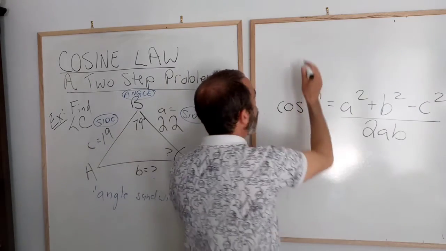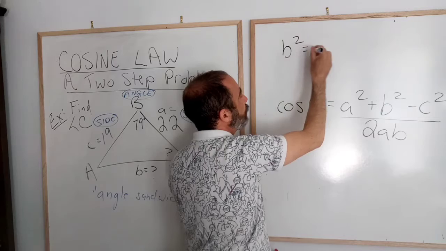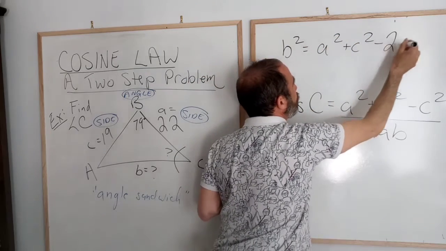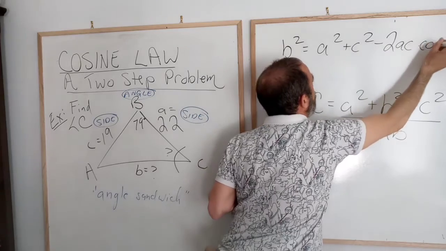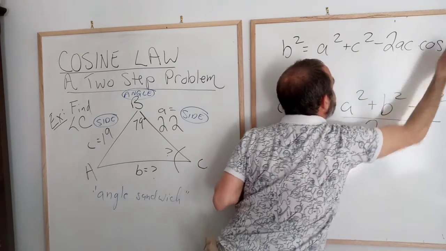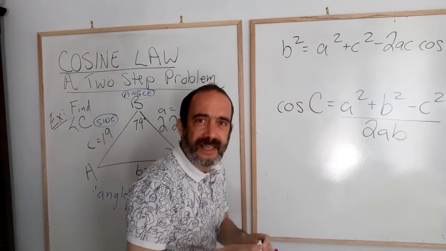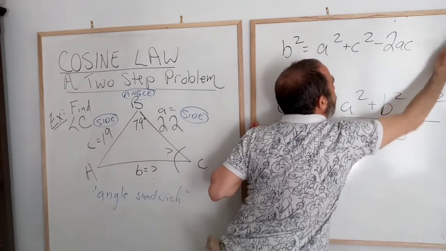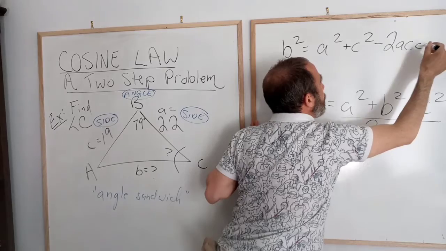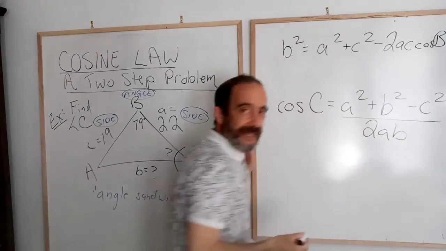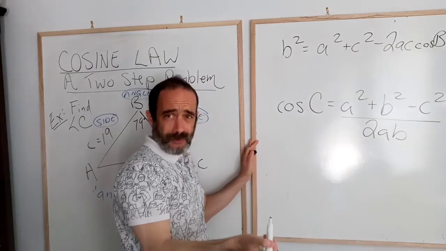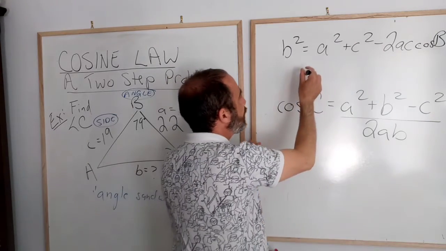And for that, we're looking for side B. So we're going to use b squared equals a squared plus c squared minus 2ac times the cosine of angle B. Okay? So we're going to put in our numbers there, and we'll calculate to find side B.